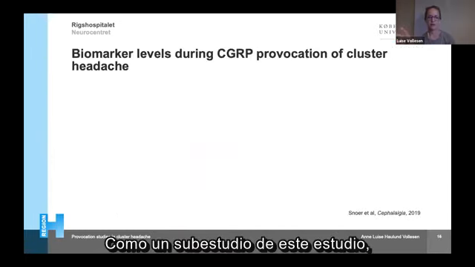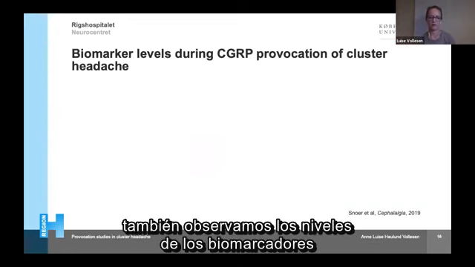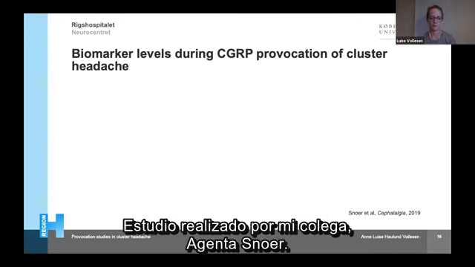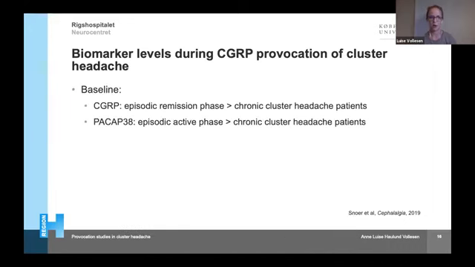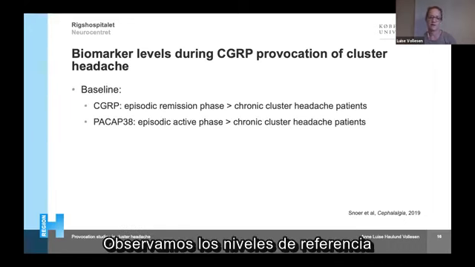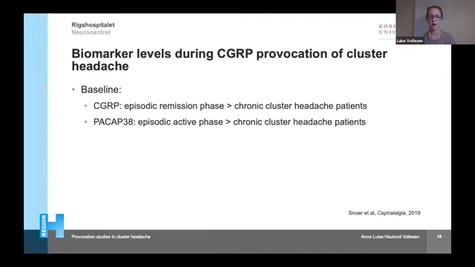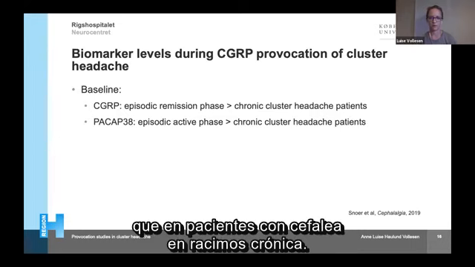As a sub-study of this study, we also looked at biomarker levels during CGRP provocation, a study that was authored by my colleague Agneta Snoa. And we looked at the baseline levels and saw that CGRP in episodic remission phase, their baseline levels were higher than the chronic cluster headache patients.